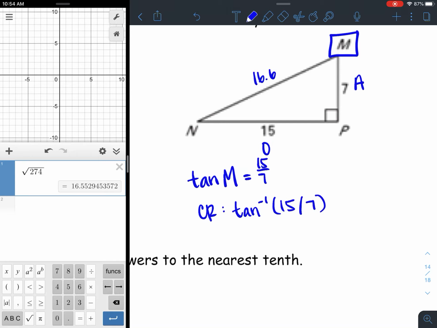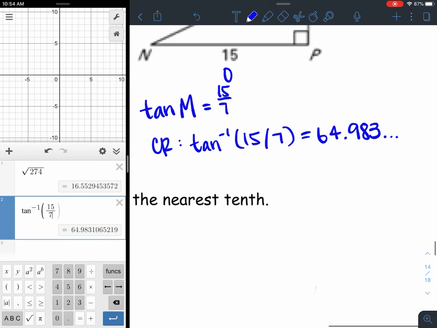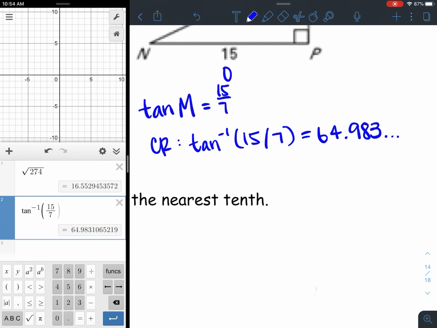And whenever we plug that into the calculator, function, tangent inverse, 15 divided by 7, and we end up with 64.983... Now, when we are rounding to the nearest tenths, I know that you guys know this is going to round up to 65, but if we write this as just 65, what that tells me is that I've rounded it to the nearest ones place, and that's not actually what we did.